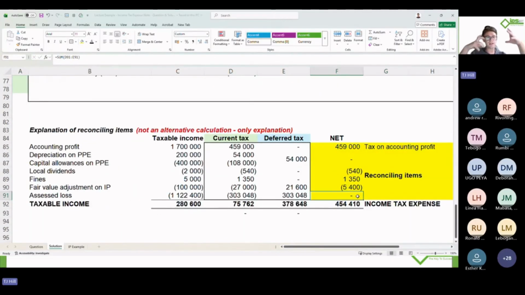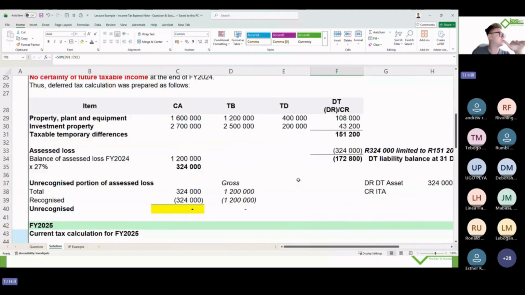So this reconciling story with an assessed loss happens if you have an unrecognized portion, either, very important, in the current year, or one that was unrecognized last year that you are now recognizing this year. So any unrecognized portion last year or this year is going to cause a reconciling item. So if you recognized all of it, you would have had no problem.